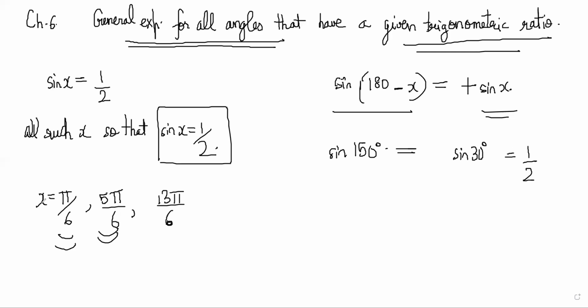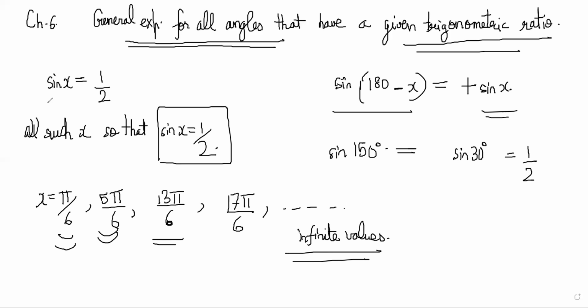If I add 360 degrees to pi by 6, this is 390 degrees. That will also work, no? Yes, sir. Because you can keep going on multiple rotations and you'll end up at the same point, right? Correct. So there are many values. Similarly, 17 pi by 6 will also fit. So there are infinite values actually, of x which will satisfy this equation, right?